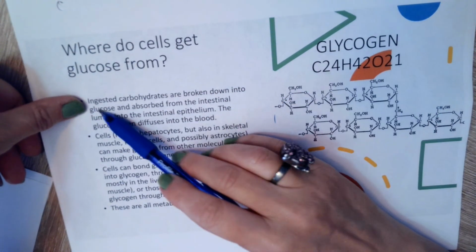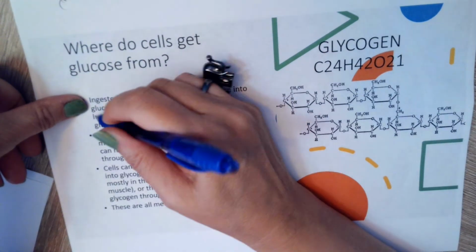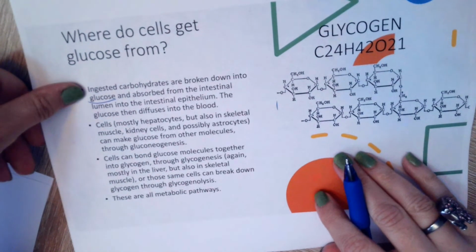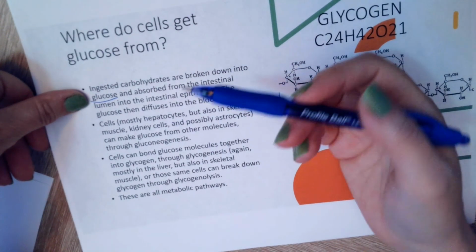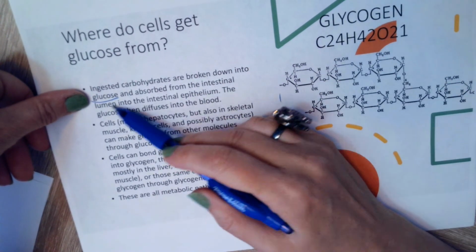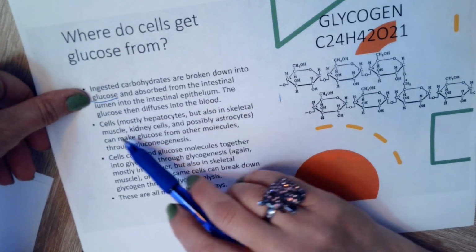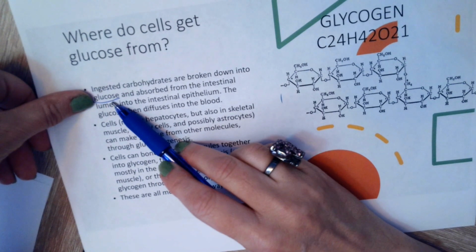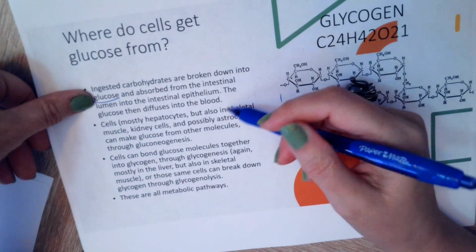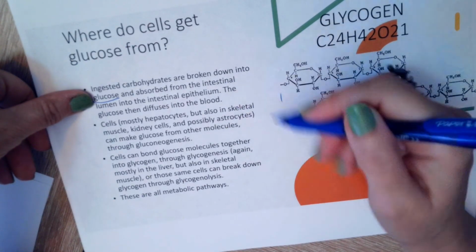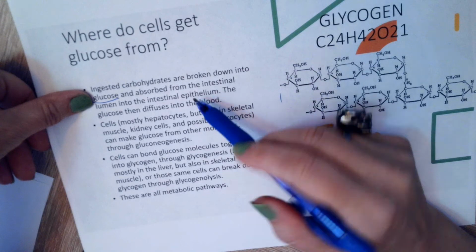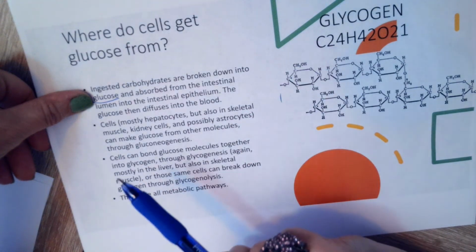But we're just going to keep this simple and just look at glucose being absorbed. Other simple sugars could then be converted into glucose or used as a substrate starting into glycolysis, but we're just going to keep it with glucose for now. So our glucose has gone into the blood, and then it can circulate and enter into other cells to be used directly as energy.